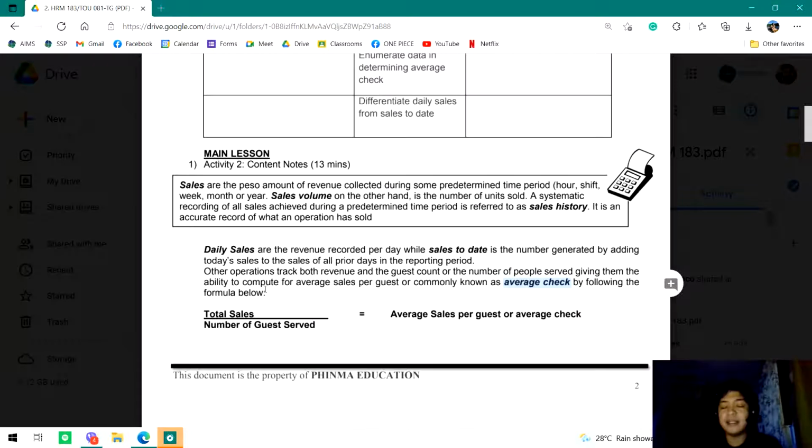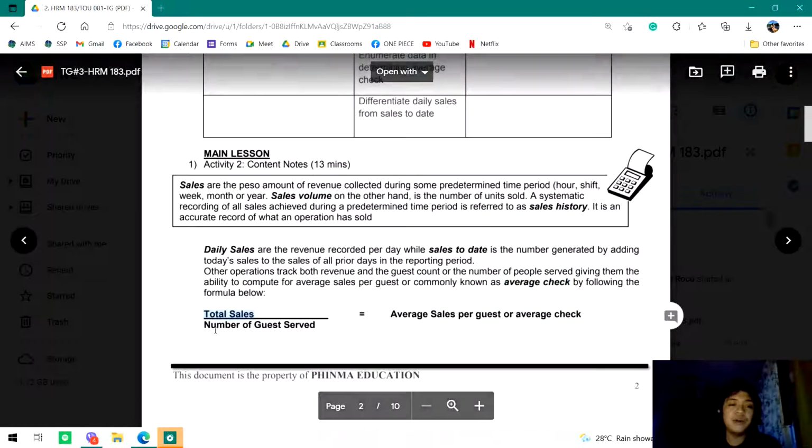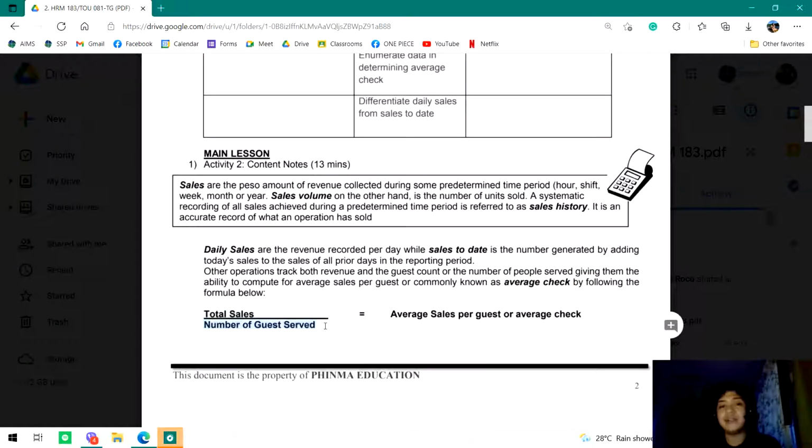It is by dividing total sales over the number of guests served. So if you divide this total sales, whether in a specific day, month or year, over the number of guests served, you will get average check or AC, which is the average amount na ginagastos ng ating mga guest.